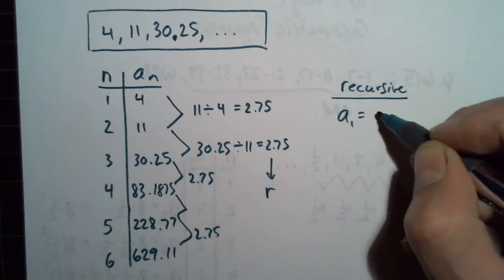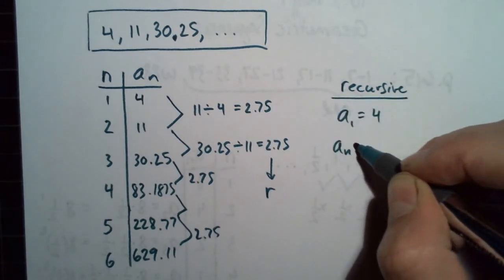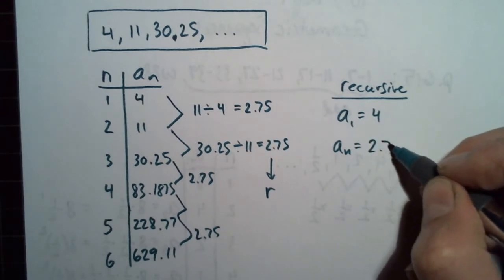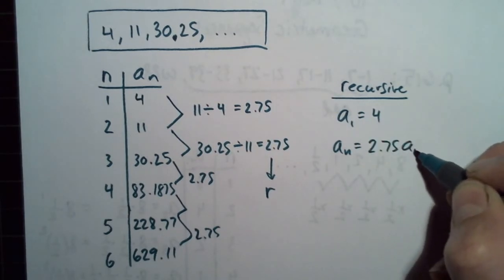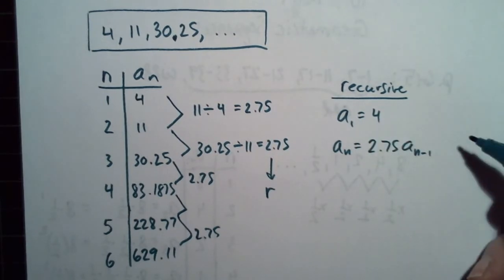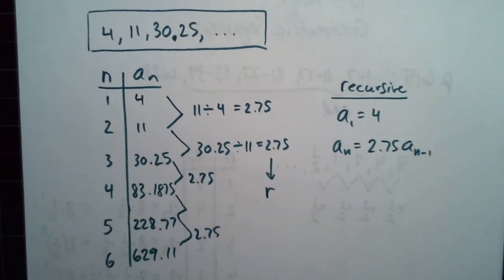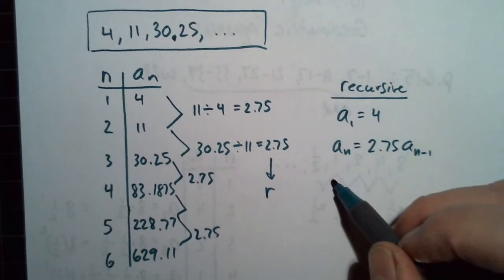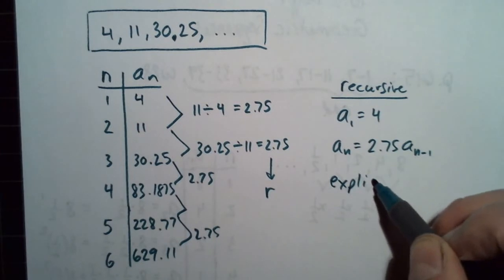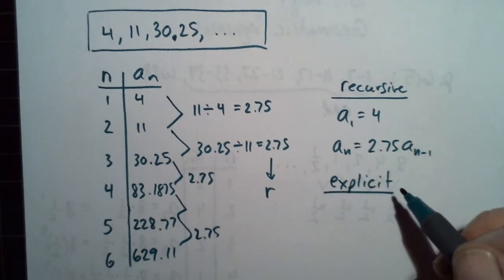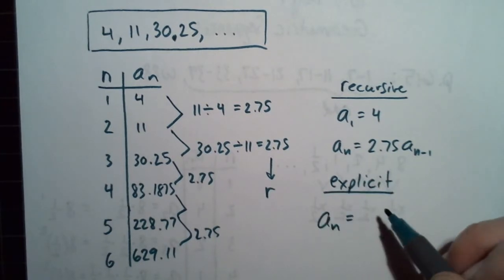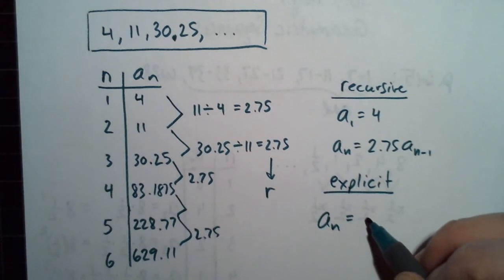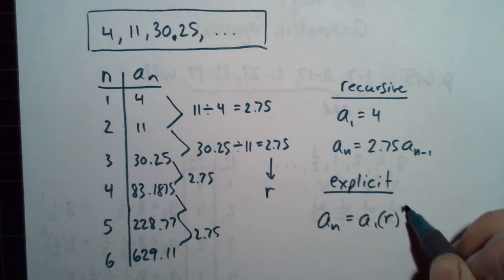Okay, recursive: write down the first term, and then write down how to get to the next term. 2.75 times the previous term. And the explicit formula is a1 r to the n minus 1.